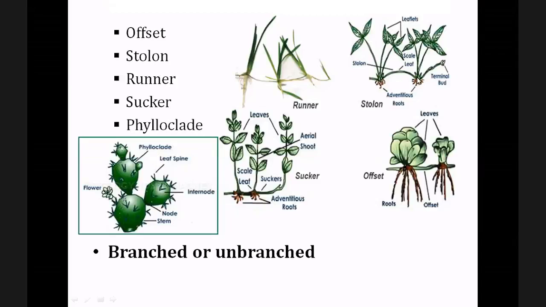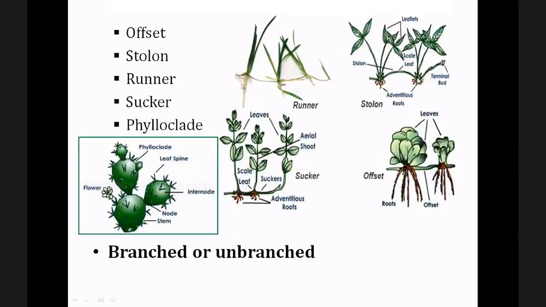These suckers grow horizontally for a distance under the ground, then emerge upward. From that the new plant will be produced. The example is the banana sucker.